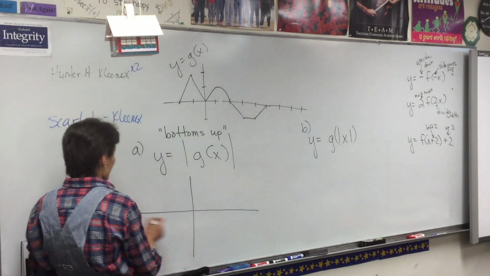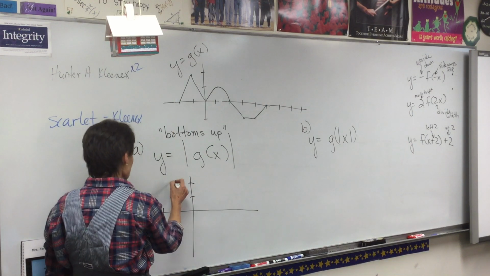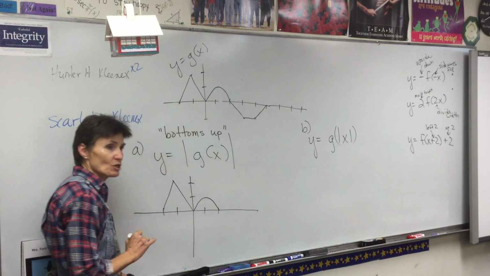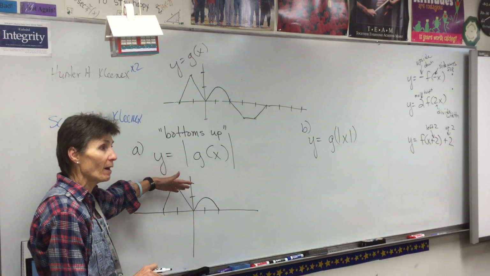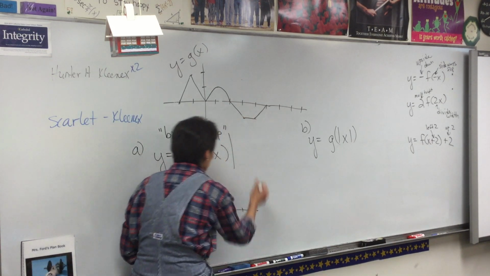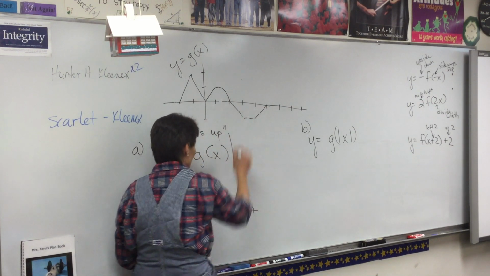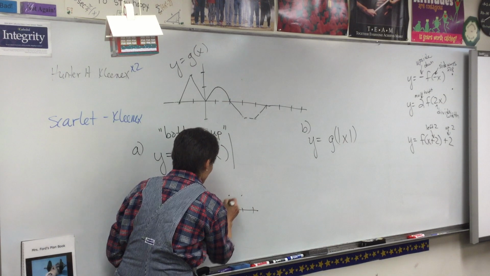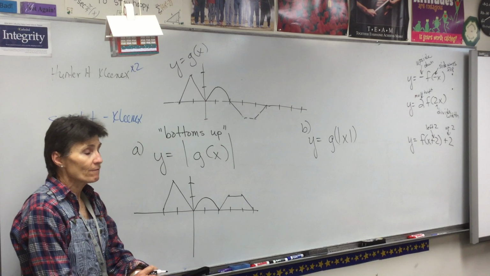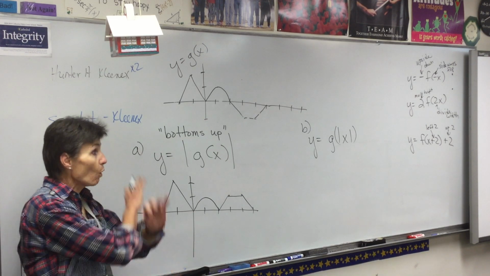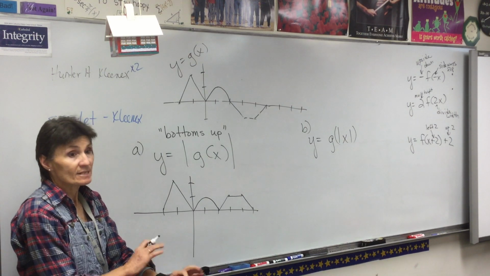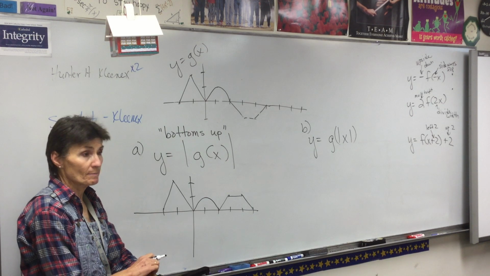So when I graph the absolute value, anything that's above stays above. None of that changes. That's already up. It's already positive. But this guy is negative. He's below the x-axis. These are negative values. So he is going to fold up. That's all there is to it. When you take the absolute value of the whole function, anything that's up stays up. Anything that's negative comes up. It's that easy.